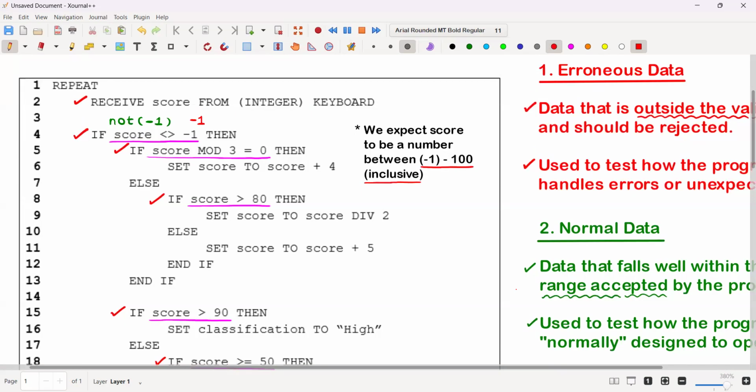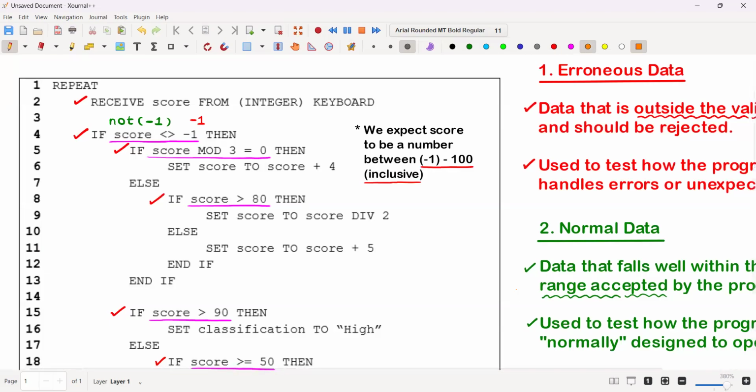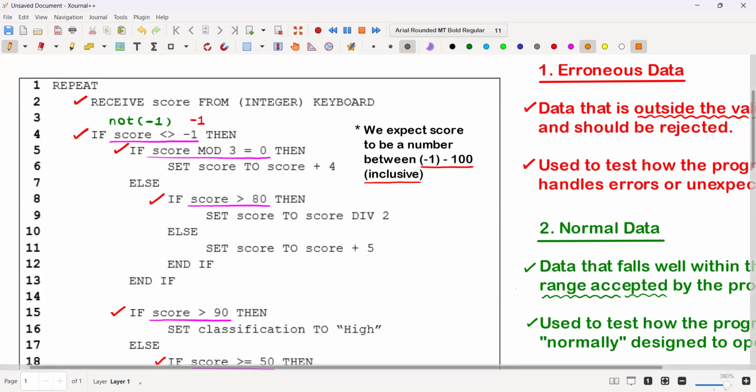But see, we only have a value that is either not -1 or -1, which results in a true or false kind of output where you only have one or the other, in which case you don't really have a boundary. However, someone could argue that the boundary here is -1 because that's the value under which the condition either activates or not.